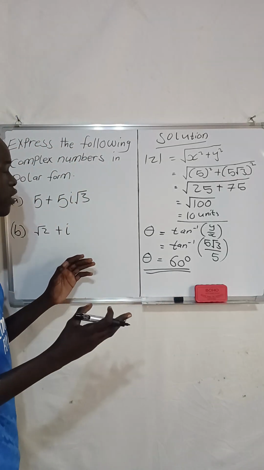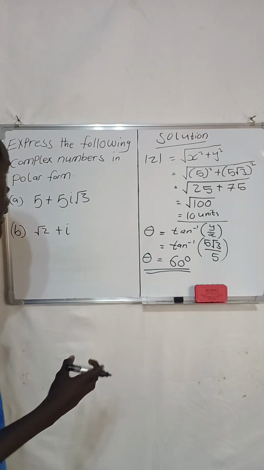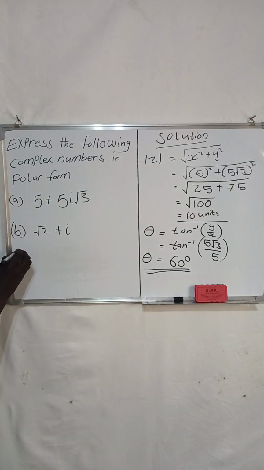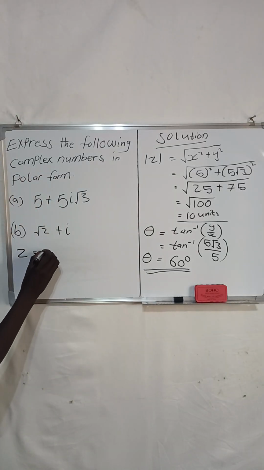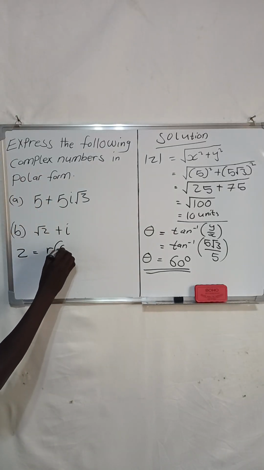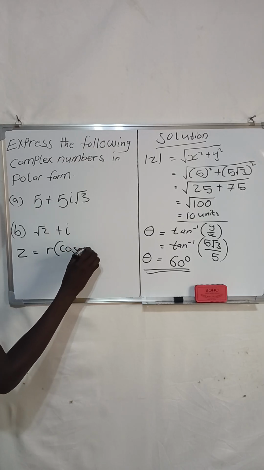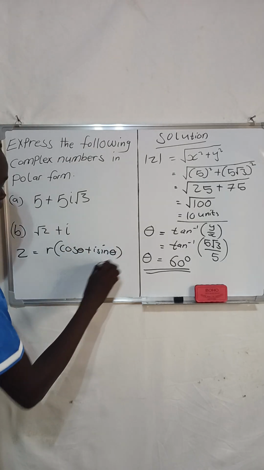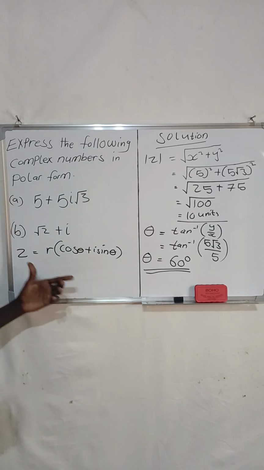What we have to do next is substitute. What is the formula of the polar form? z equals r into cos theta plus i sine theta. This is the formula of the polar form.